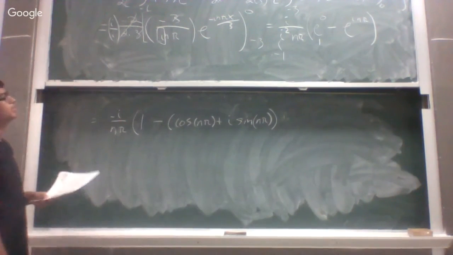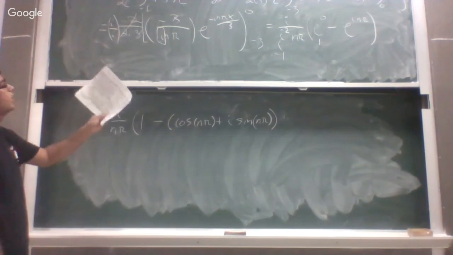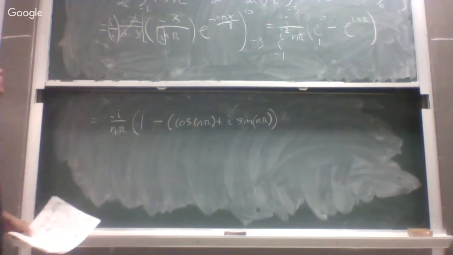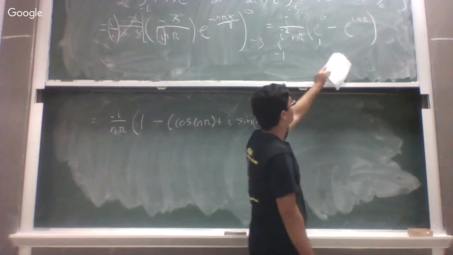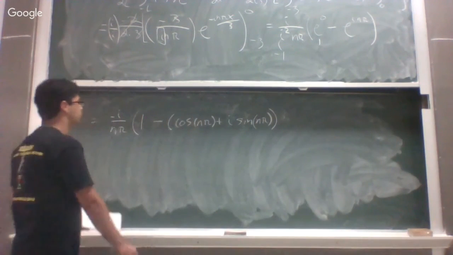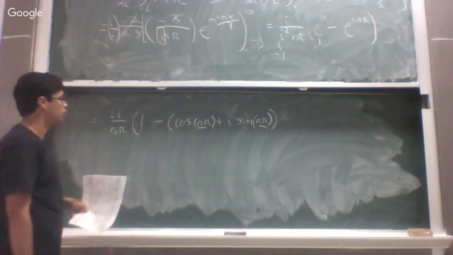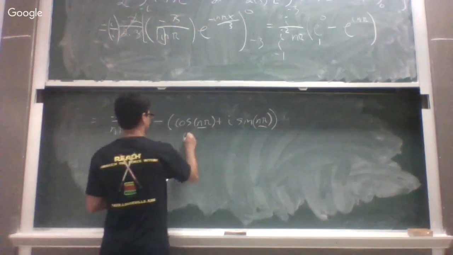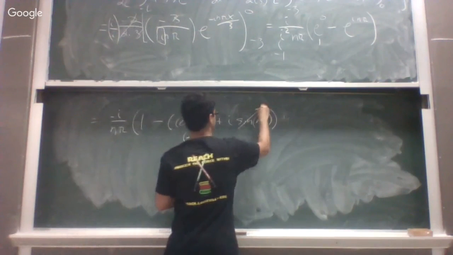Do you guys see how that happened? So e to the I n pi, or e to the I theta, equals cosine of theta plus I sine of theta. So we have e to the I, and theta is essentially n pi. So that's where we make the substitutions here. We know that cosine of n pi is negative 1 to the n. Sine of n pi is equal to 0.